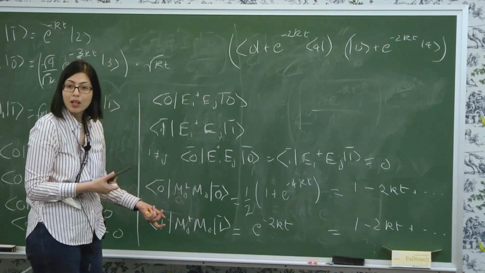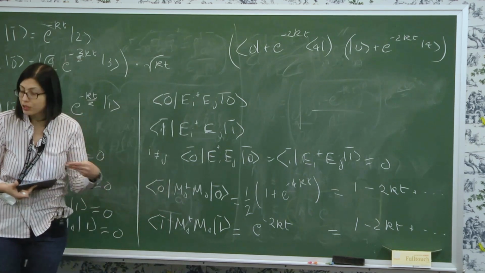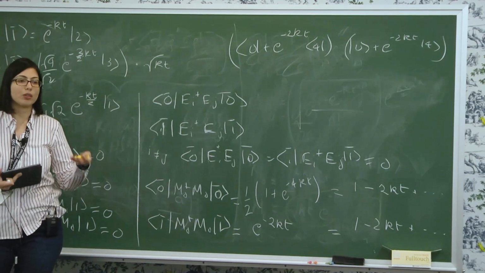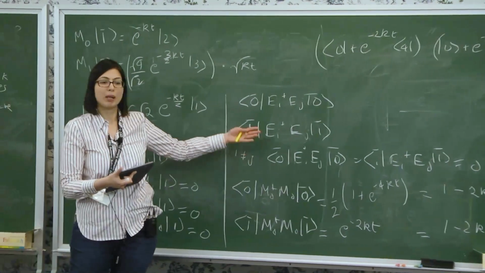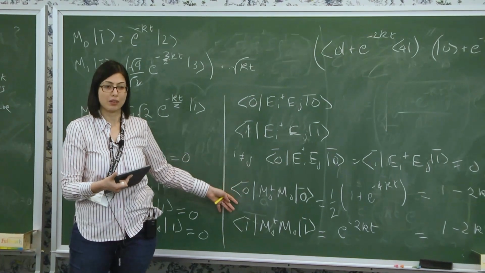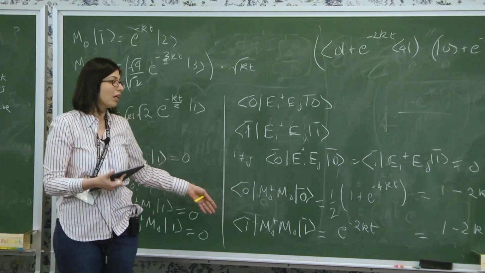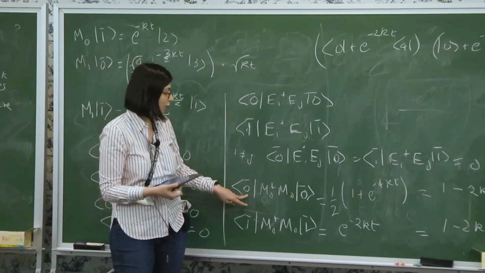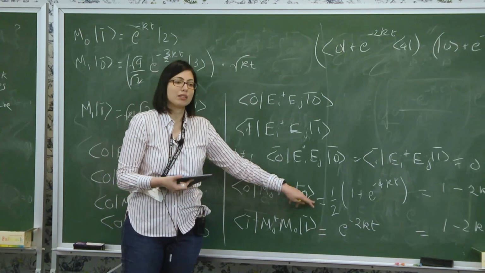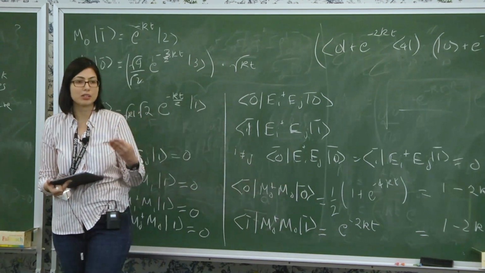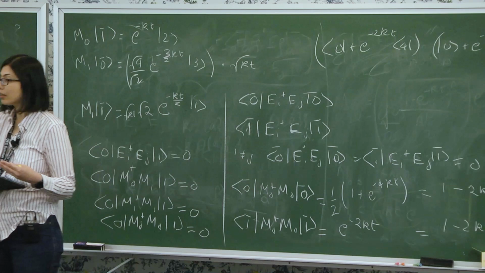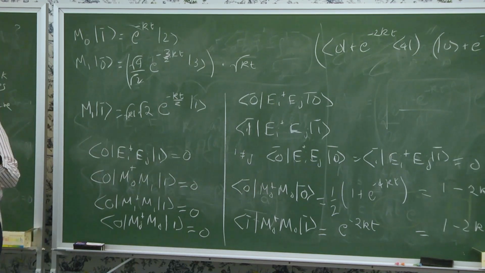Again, if we are just correcting to the lowest order in kappa t, then my correction criteria is still satisfied here. To higher orders, it's not. You can again check this also for 0, M1 dagger, M1, 0, etc. You'll see that all the error correction criteria are satisfied to the lowest order, and so this is a valid code which corrects for single photon loss.